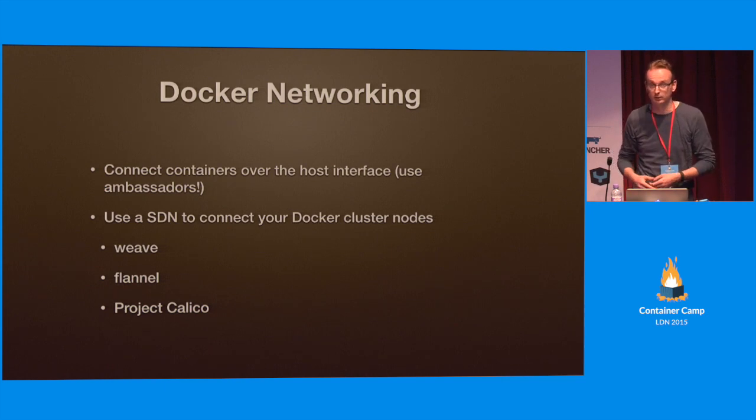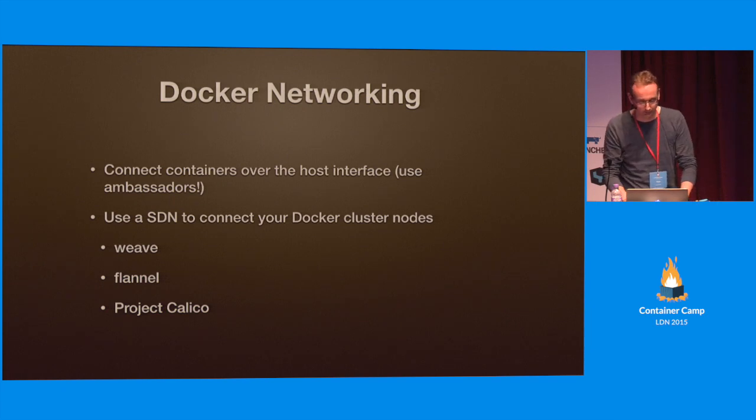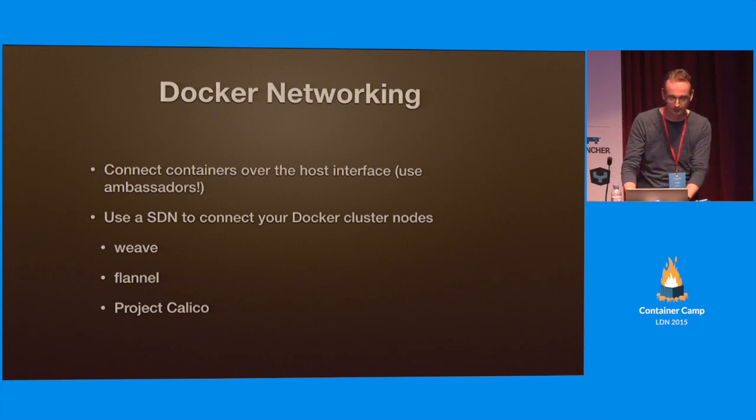If you do that, please consider using ambassadors to make configuration a bit simpler, but you probably need a more advanced approach if you get a bigger cluster running a lot of hosts with an even higher number of Docker containers. So I think you're going to want to use a software-defined network. There are a lot of options. I'll be discussing three today: Weave, Flannel, and Calico.